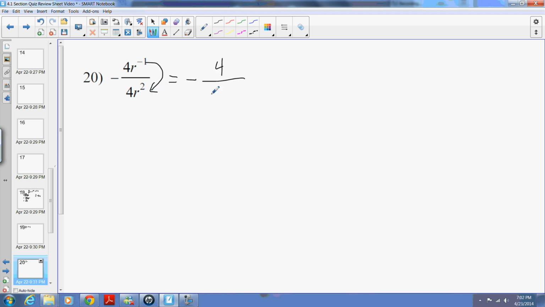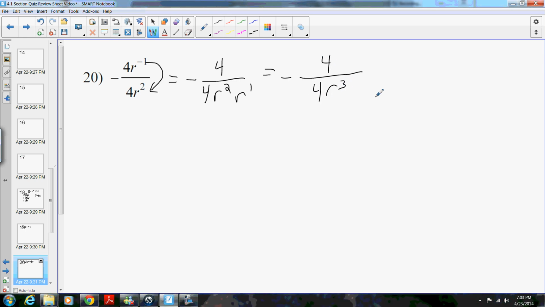So the 4 stays, and we can rewrite the denominator as 4r squared times r to the first, because this bumped down to the denominator and then turned positive. We can then combine these r's in the denominator by adding their exponents, because this is the product of powers. So this is negative 4 over 4r cubed.